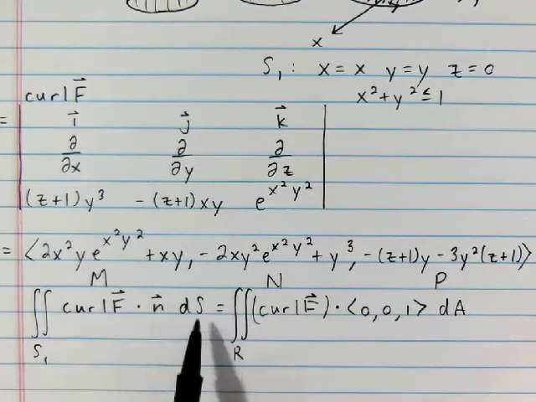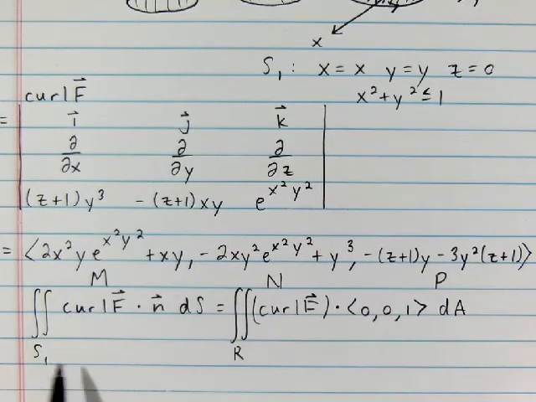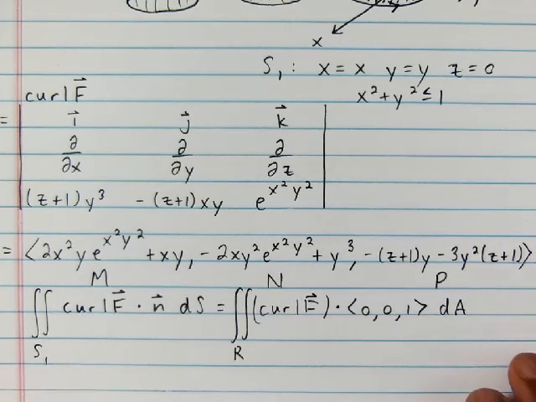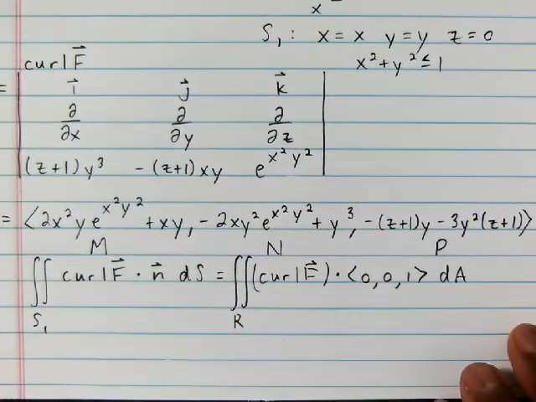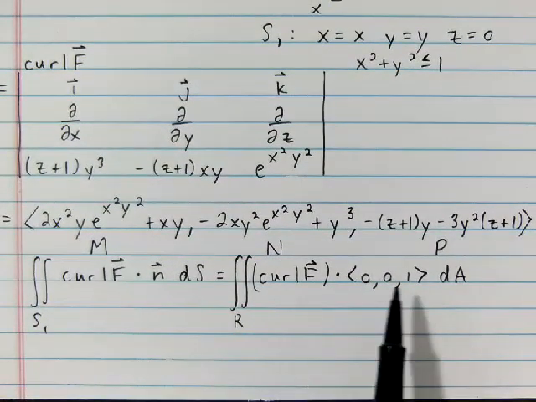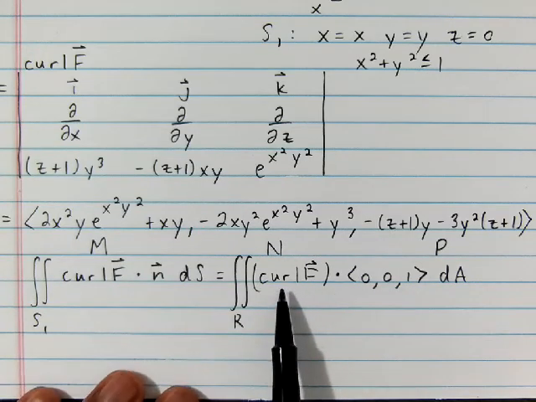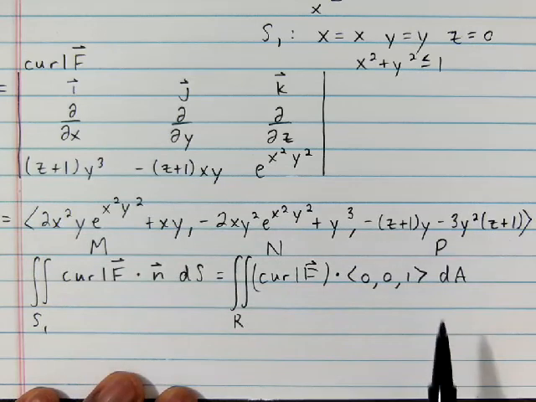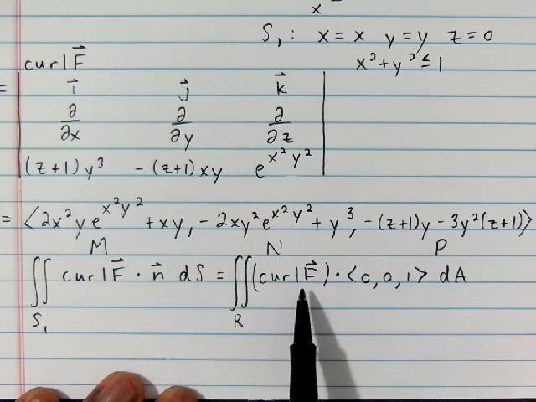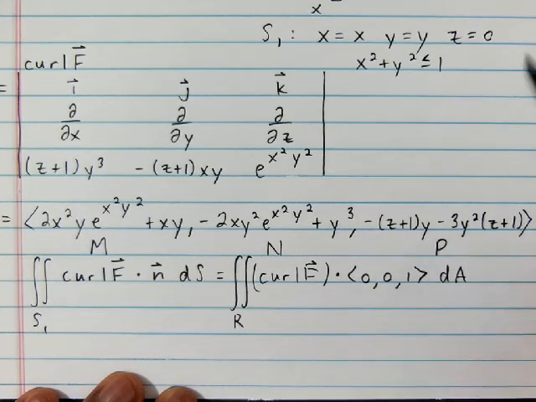So remember, this dS is just a notational thing. That's a surface integral, and it says we integrate with respect to surface area. But when we switch to a double integral over our region R, we integrate with respect to area. Now keep in mind, you don't take your curl of F as is. You have to substitute in your parameterization.